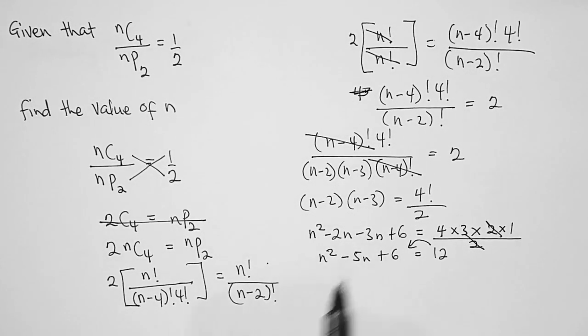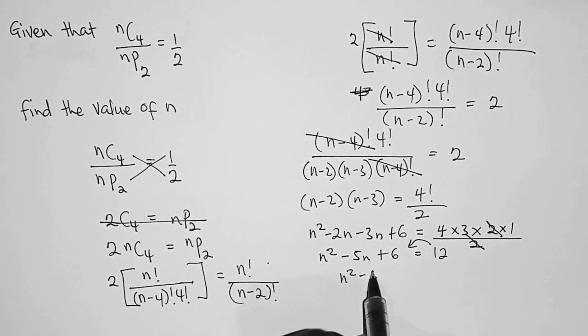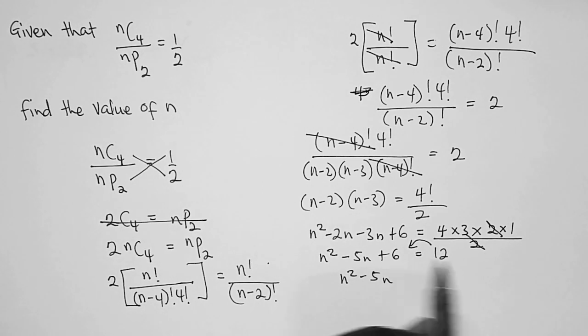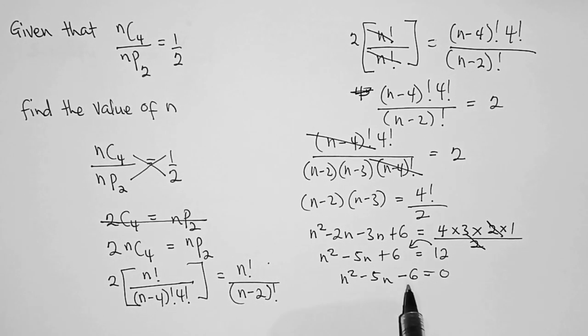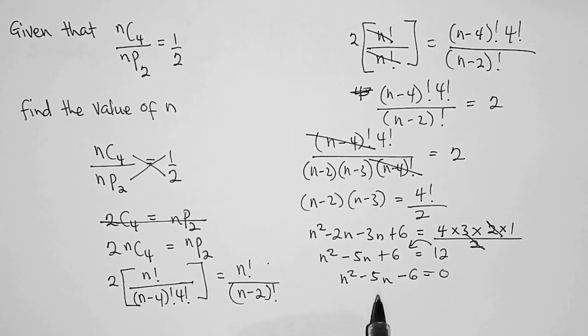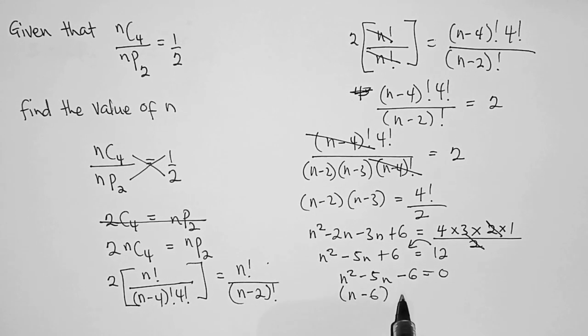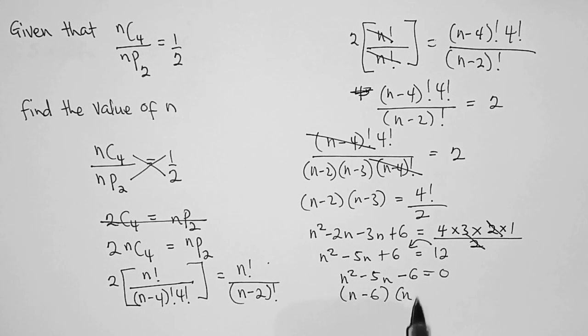You can shift this 12 here. So it becomes n squared minus 5n, then 6 minus 12 becomes minus 6, equals 0. So we need two numbers that when we multiply, we get minus 6, but when we add, we get minus 5. So those numbers are minus 6 and 1. So it becomes n minus 6 in one bracket, then n plus 1 in another bracket, equals 0.